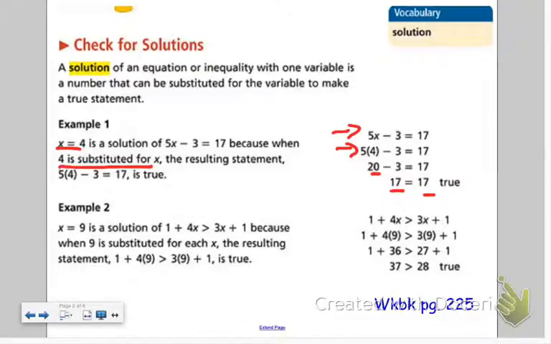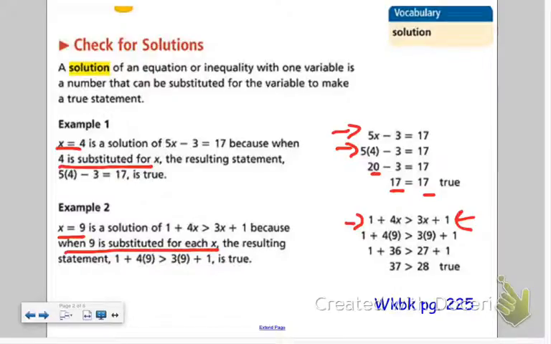In example 2, here we have that inequality again. You see we've got variables on both sides. We have 1 plus 4x on the left-hand side, and that's greater than 3x plus 1 on the right side. We're saying that x equals 9 is a solution to this inequality because when 9 is substituted for both x's, the resulting statement is going to be true.